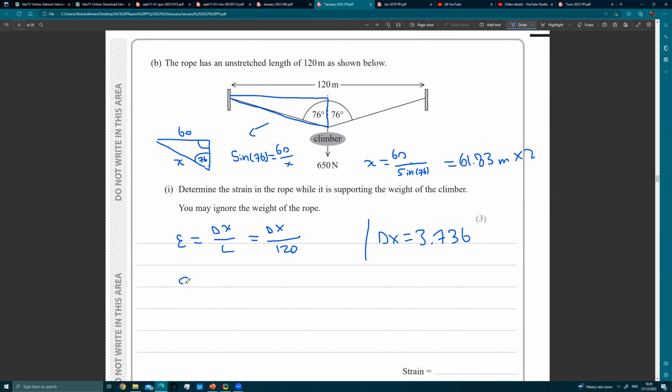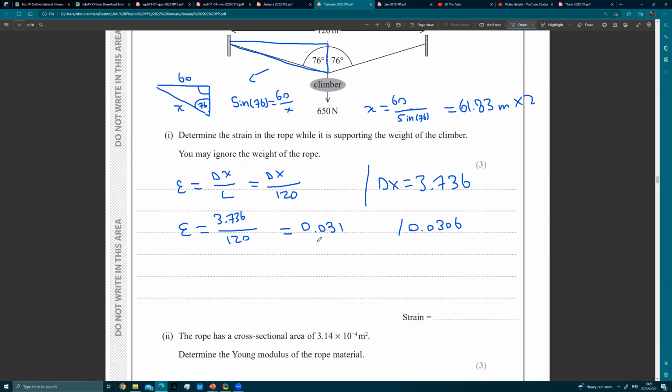So we're going to do strain is 3.736 over 120. What do you get? So I got 0.0306. So 0.031 to two significant figures, or you wanted 3, so 0.0306 is also fine. Excellent. No unit because it's strain.